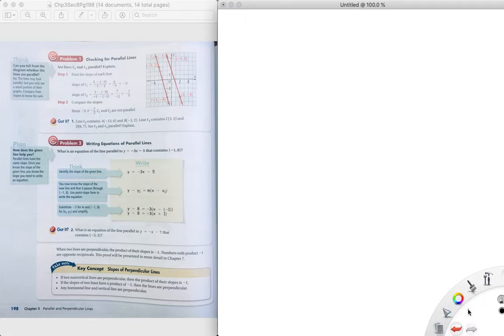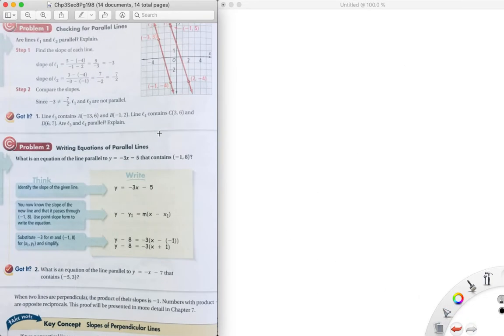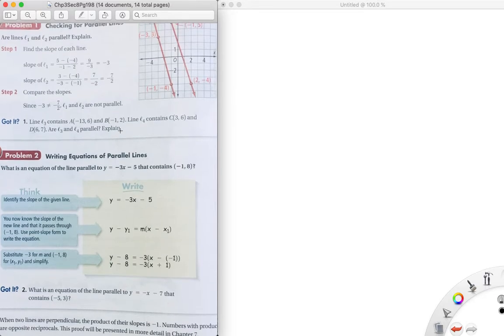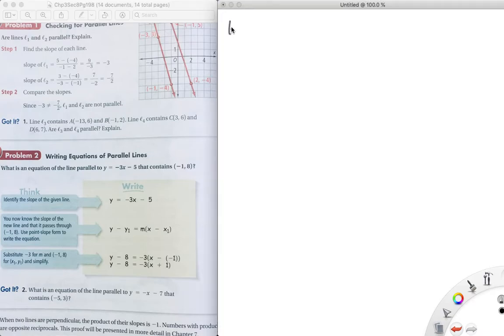And they give us a situation here. They want to know if these lines are parallel. Line 3 has points (13, -6) and (-1, 2). The way that we tell if they're parallel or not is that we take their slopes and we compare them.